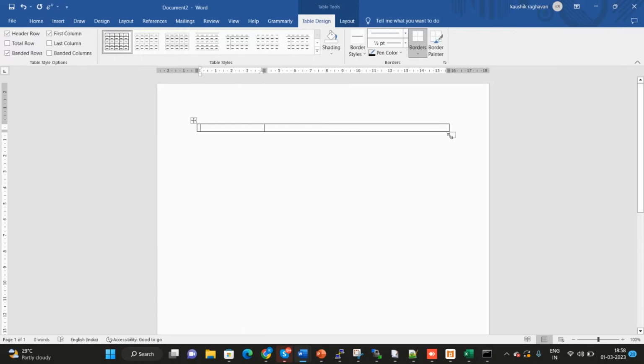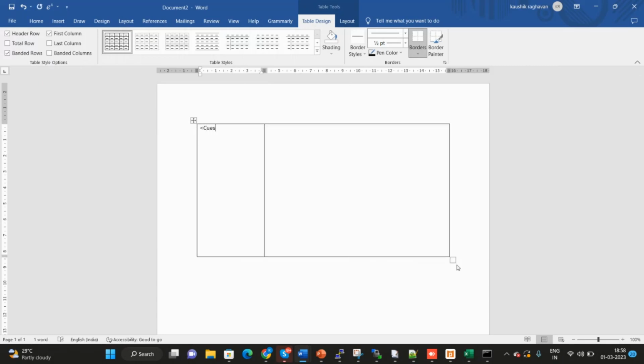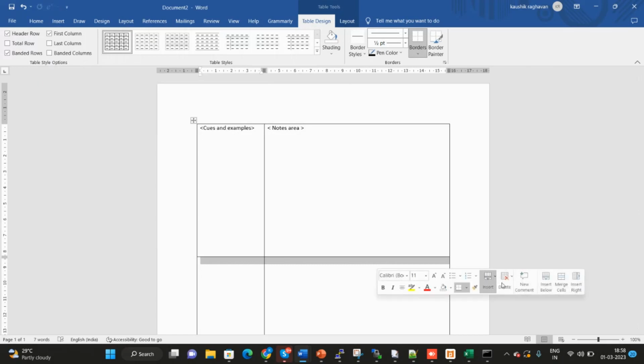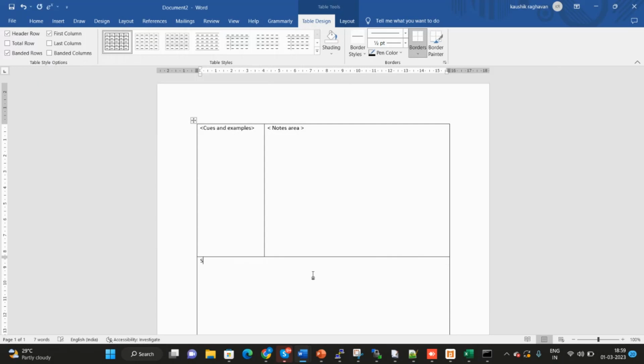The center one is for the definitions and all of that we learn. And this one is the actual notes area. And in this place, we have the summary.